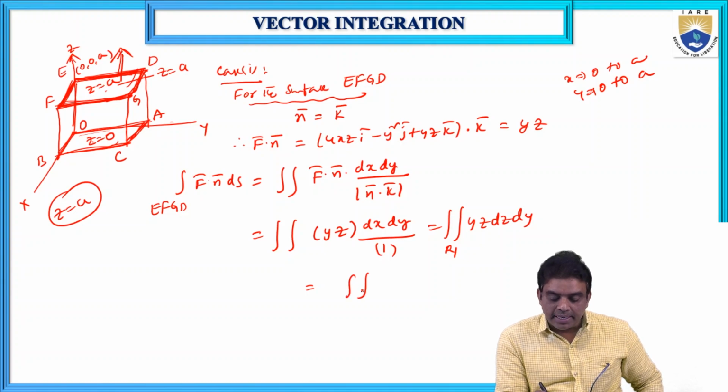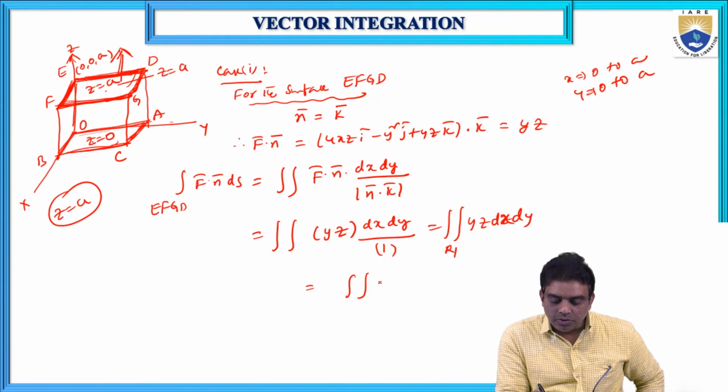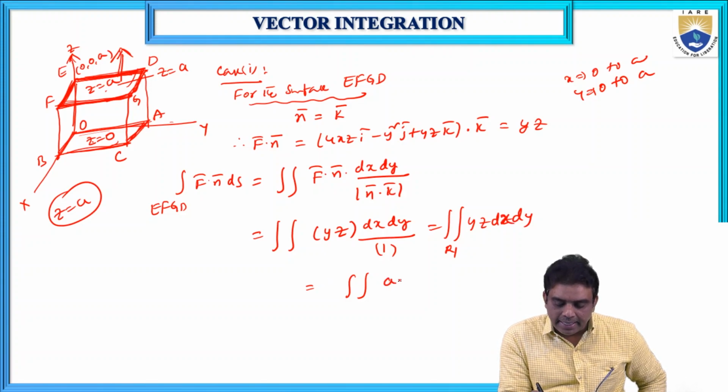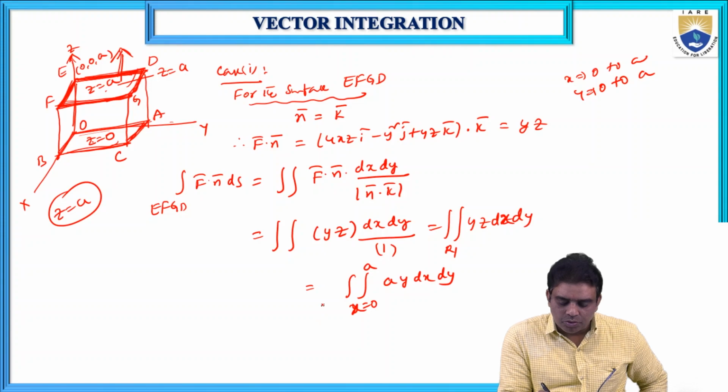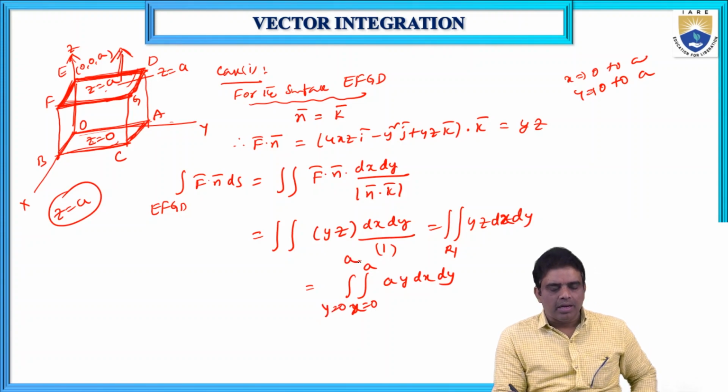Here z is equal to a, so it is a y dx dy, where x varies from 0 to a and y also from 0 to a. All are constant limits.